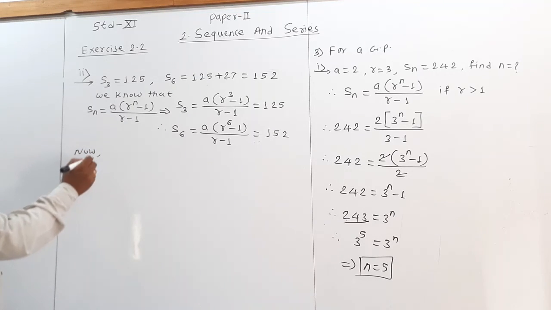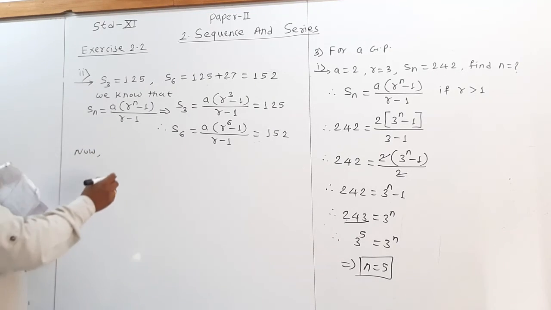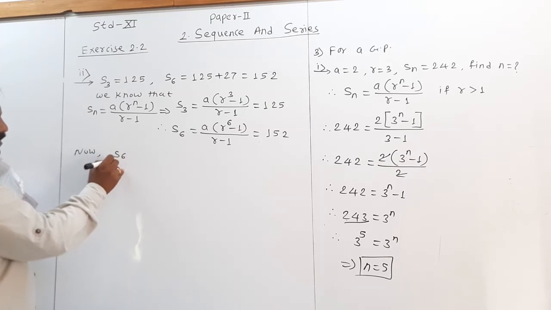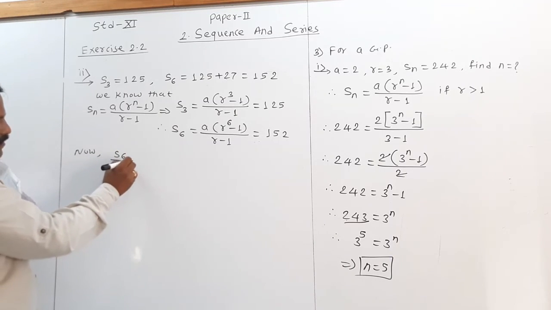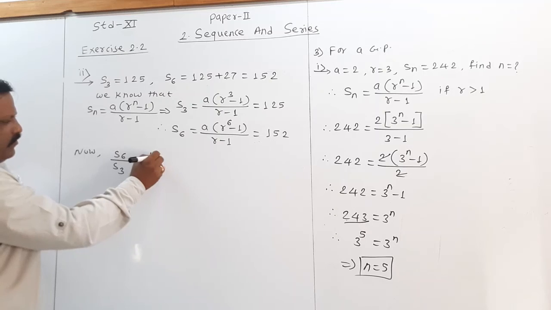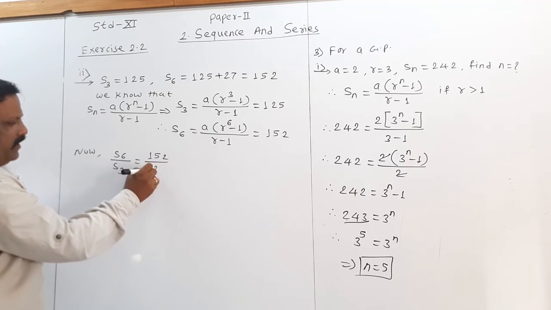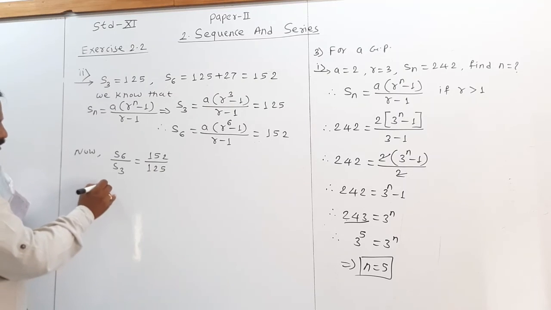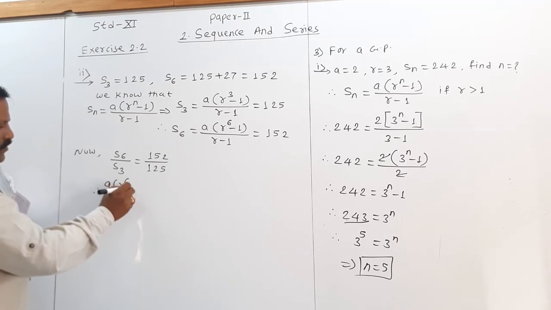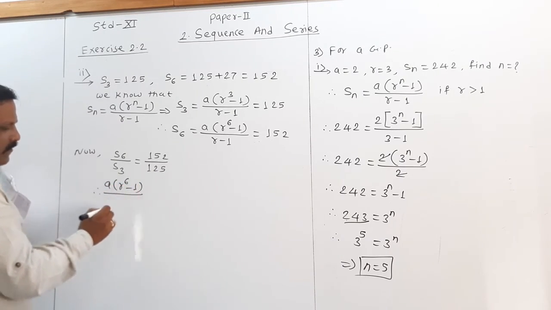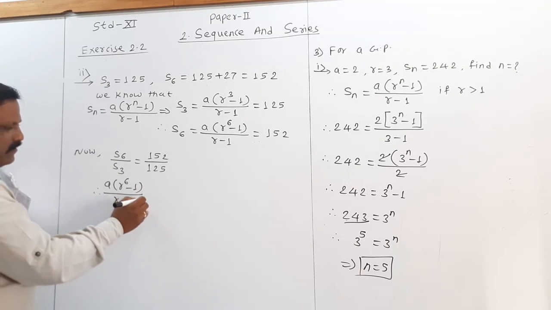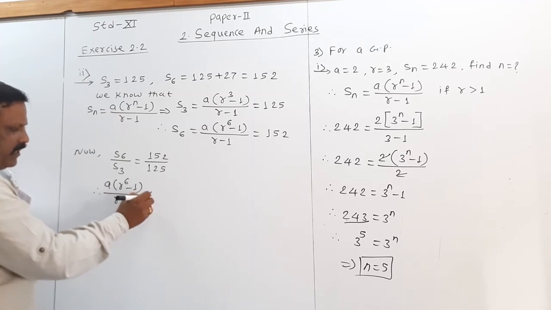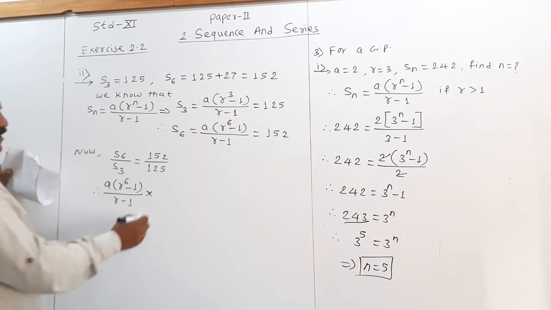Now S6 by S3 equal to 152 divided by the 125. S6 is the A into R raised to 6 minus 1 divided by R minus 1 multiplied by S3, taking the reciprocal.